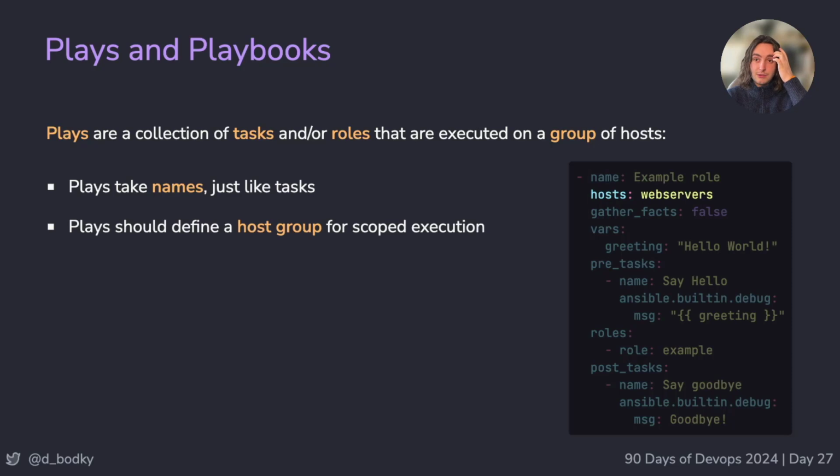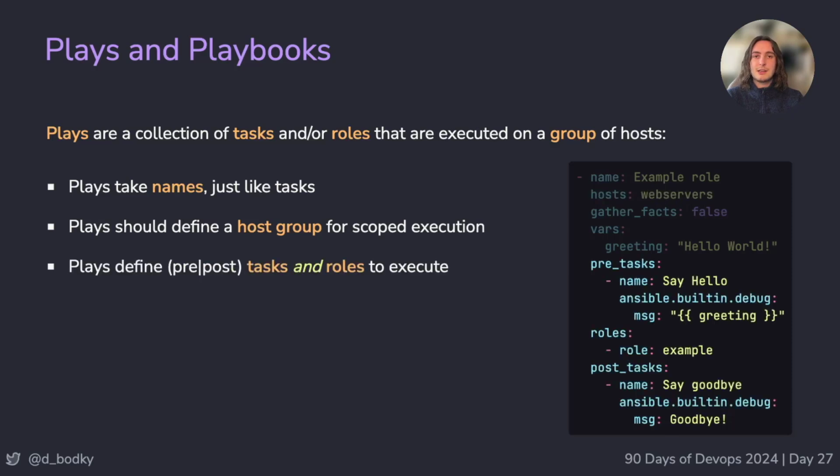You can then go on and define a host group to scope the execution to just a certain subgroup of hosts. And you can define pre-tasks and post-tasks to run in the beginning and end of your plays, as well as roles to execute, which then do all the main work for this play.